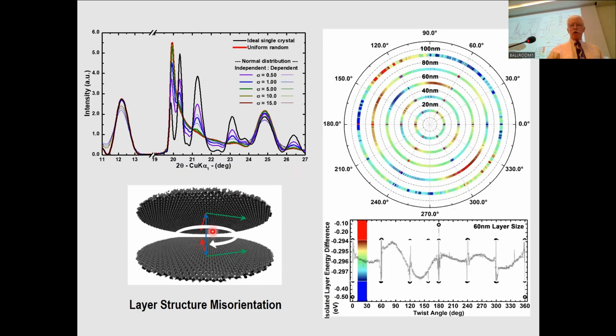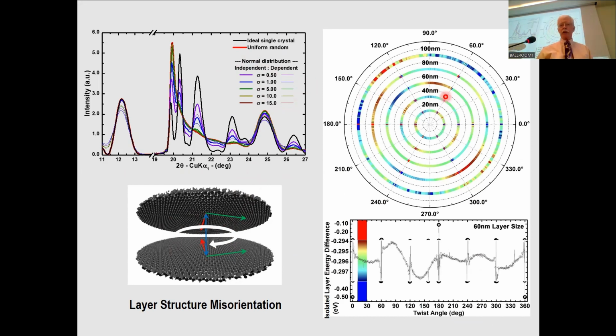Here we looked at layer structure misorientation in terms of orientation. And here we have different kinds of rotations. We have uniform random, which is turbostratic. We have ideal single crystal, which is essentially the Keokuk kaolinite diffraction pattern. And at the same time, we calculated the energy for all of these different configurations.